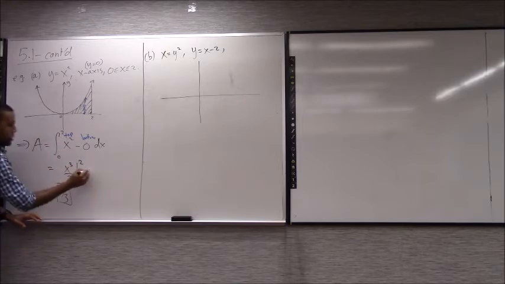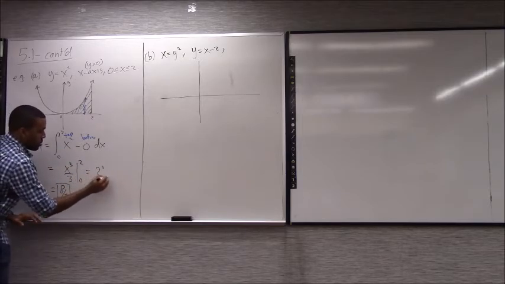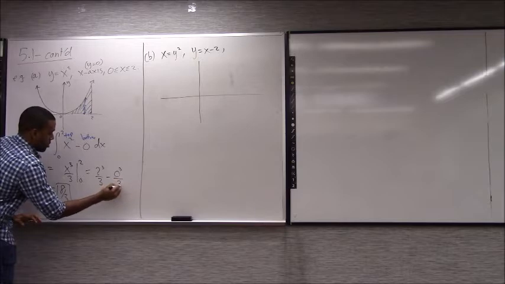Fundamental theorem of calculus. So it's 2 cubed over 3 minus 0 cubed over 3.